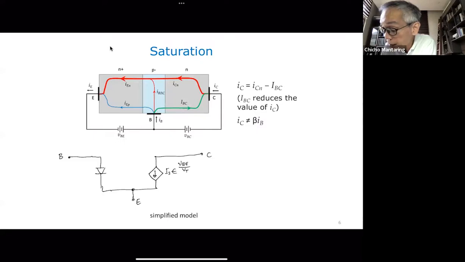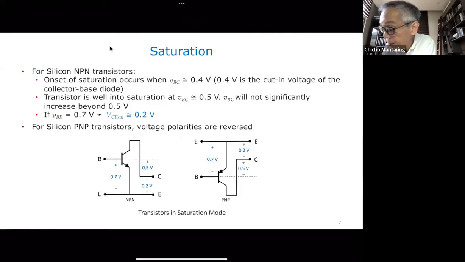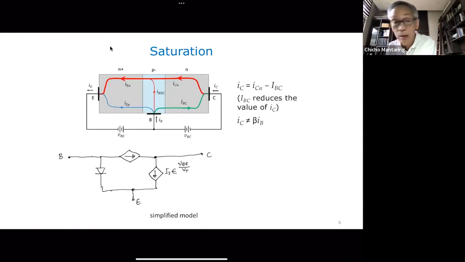So I can actually write this as or model this as a controlled current source, okay, where the value of this source, let me call this ISC, scale current reference to the collector, e to the VBC all over V sub T.